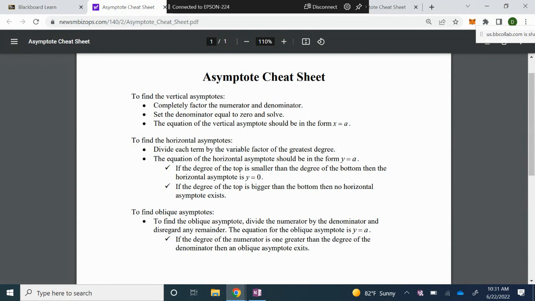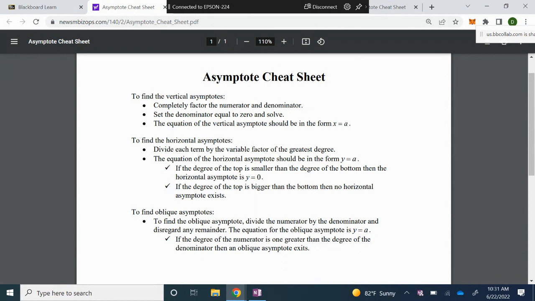Now, one thing I can tell you is that you can't have a horizontal asymptote and an oblique asymptote at the same time. So if you have a horizontal asymptote, you can't have a slant asymptote. And if you have a slant asymptote, then you cannot have a horizontal asymptote. All right, so let's take a look at the slant asymptote. The first thing I'm going to do is look at the checkpoints, because you want to check to see if a slant asymptote exists.